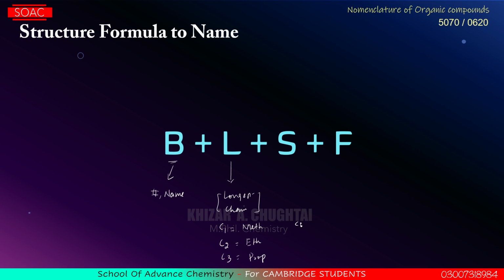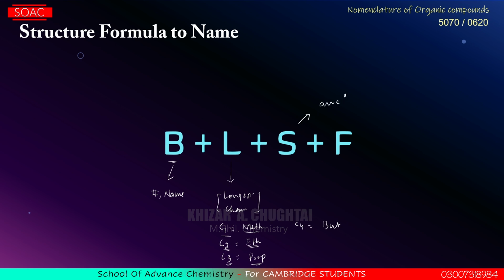If there are 4 carbon atoms, then its name will start from but. So a 1 carbon chain's name starts from meth, a 2 carbon chain's name starts from eth, a 3 carbon chain's name will start from pro.